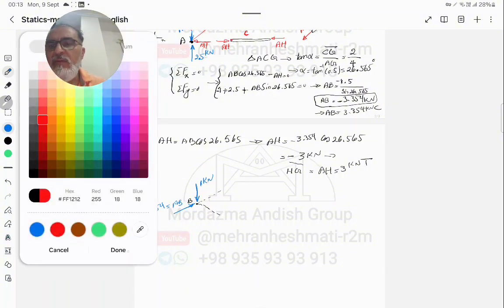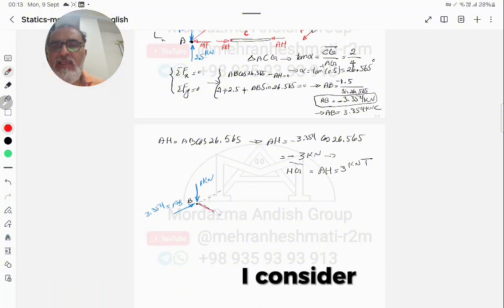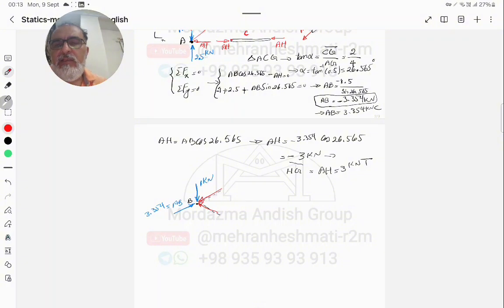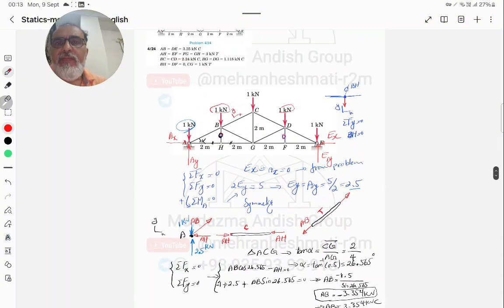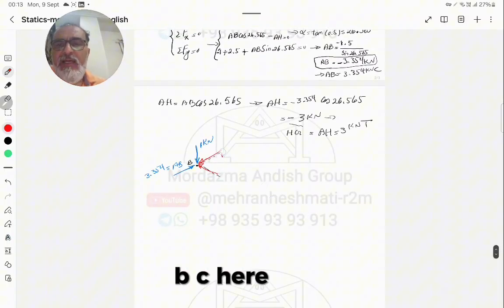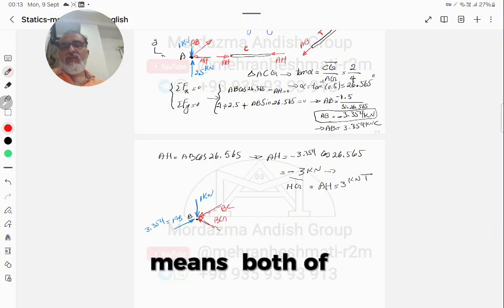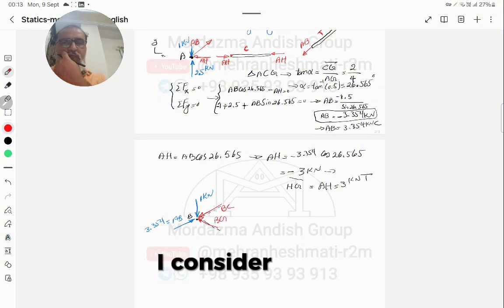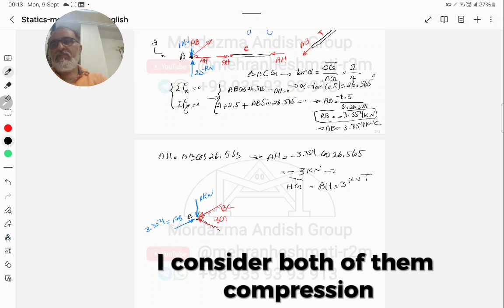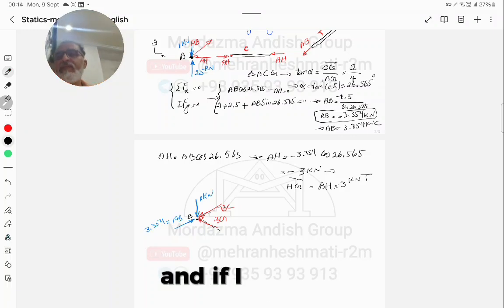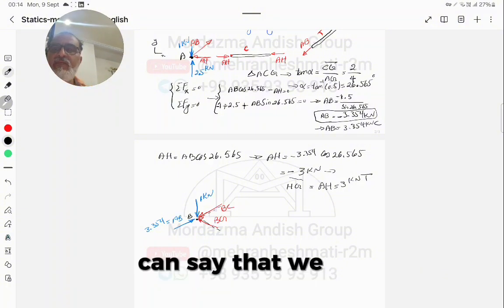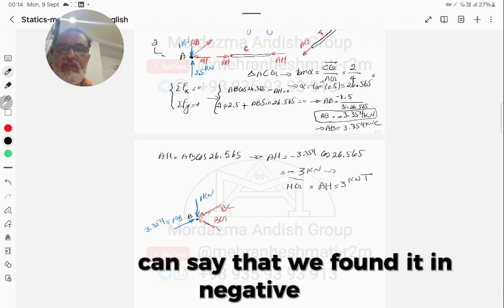And now I consider BC here and BG here. Means both of them are compression. I consider both of them compression, and if I made a mistake, you can say that we found it in negative amount.